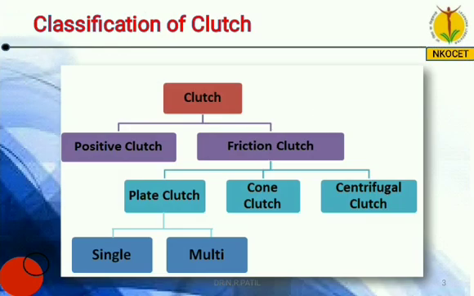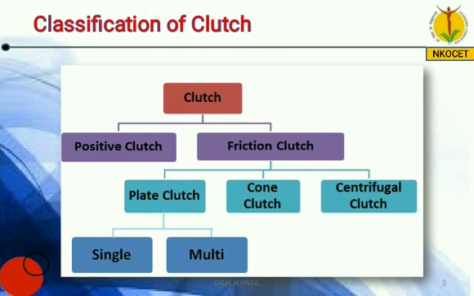So, classification of clutch. Friends, in the last lecture you have studied the function of clutch. Clutch is used to either engage or disengage engine power from the gearbox. Now, what are the different types of clutch available to carry this function of engaging and disengaging?